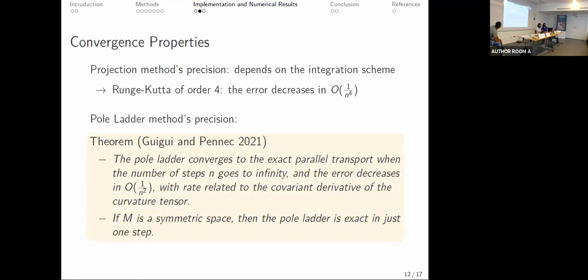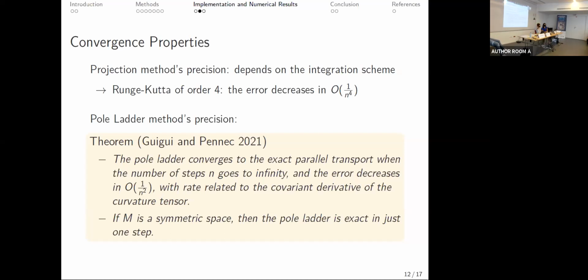So now the convergence properties. For this first method, the integration method, as I said, we just have to use an integration scheme, so the order of the method is just the order of the scheme. For example, with Runge-Kutta of order 4, the error decreases proportionally to 1 over n to the power of 4.